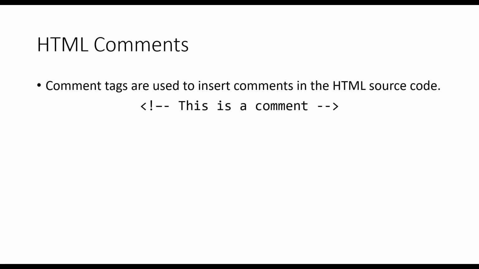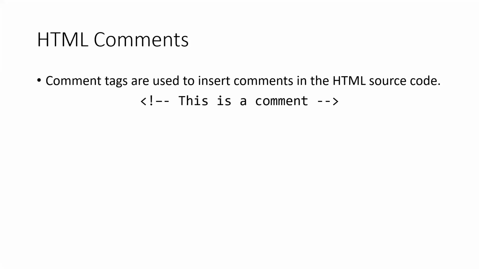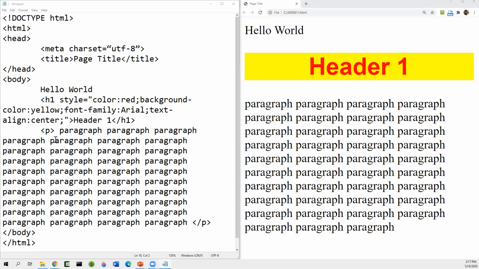So you can comment out anything. Now, for example, let's say we do not want this paragraph. So without removing this, you can put a comment, which will just be ignored when the browser renders this.